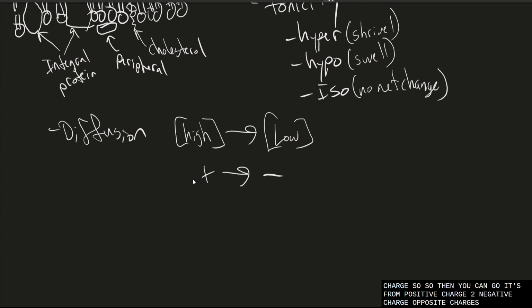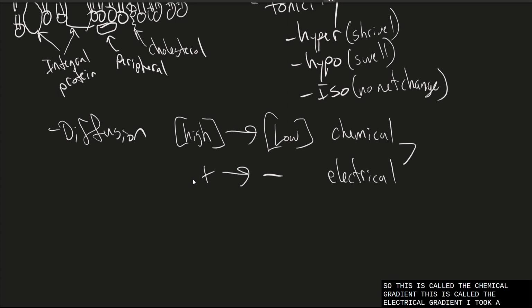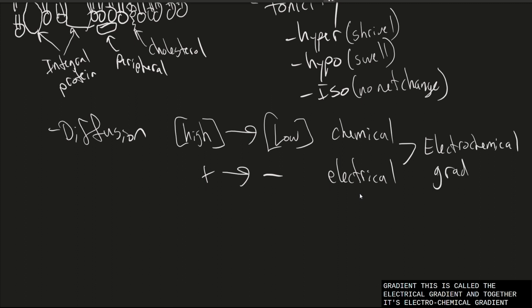Opposite charges attract. So this is called the chemical gradient. This is called the electrical gradient. And together, it's the electrochemical gradient. That's what that means. It's a combination of both.